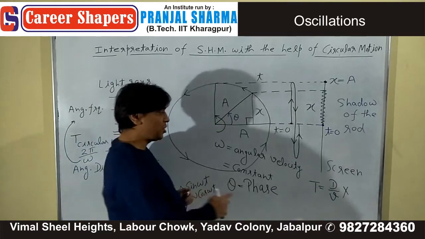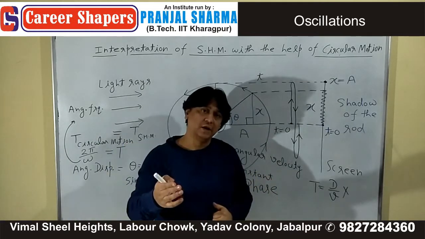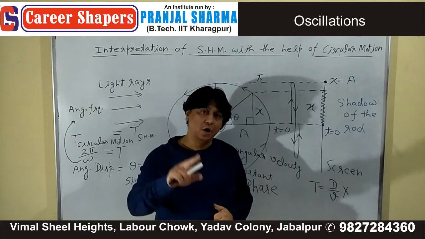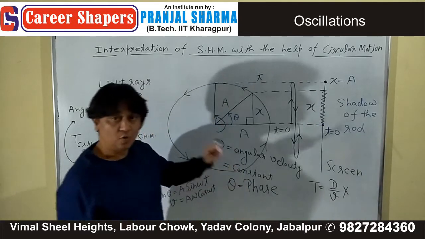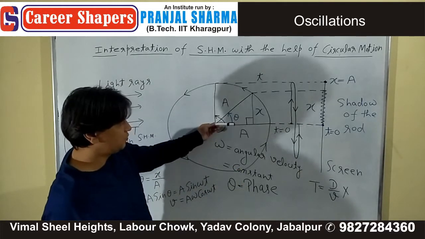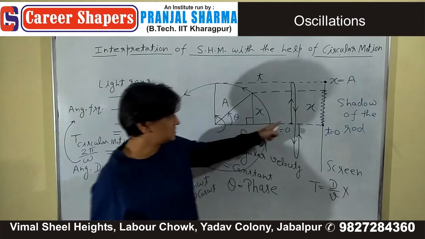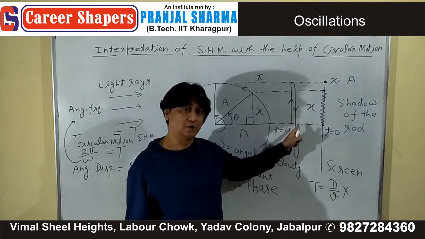So when the object is at this position, phase is what? 270 or 3 pi by 2 or minus 90 or minus pi by 2. And once this rod has completed one circle, that means the tip of the shadow has completed one complete oscillation.